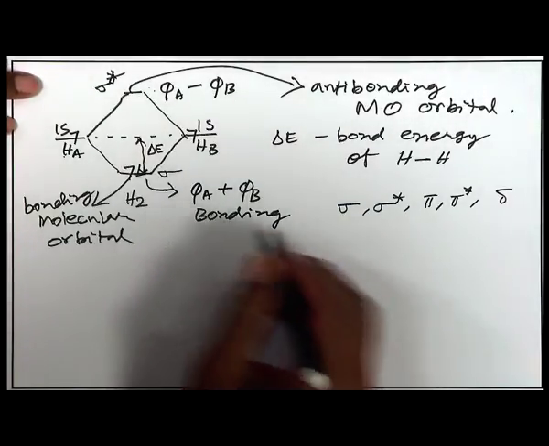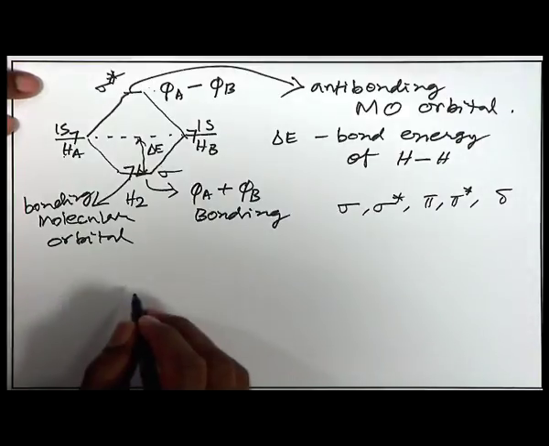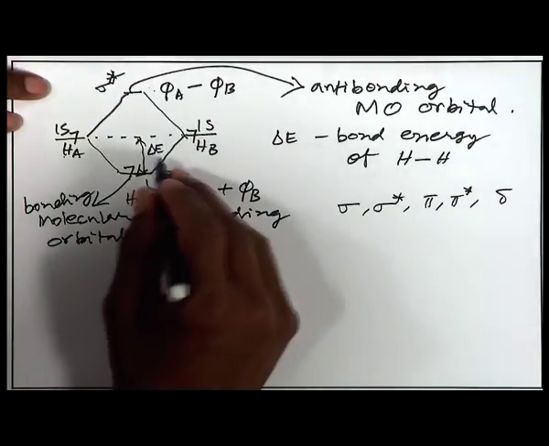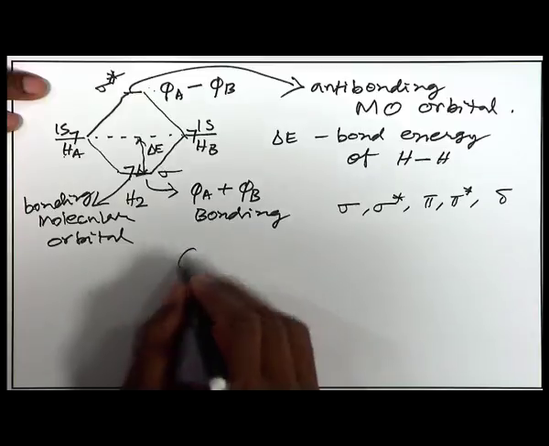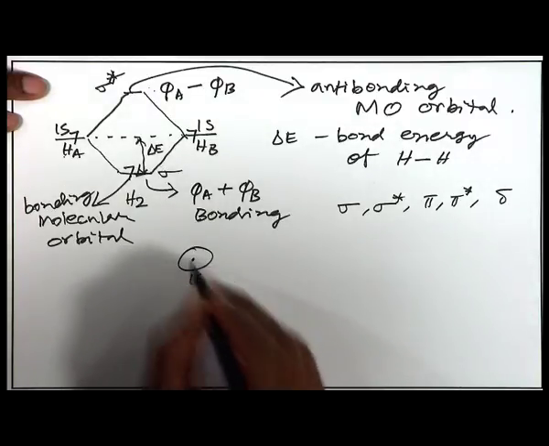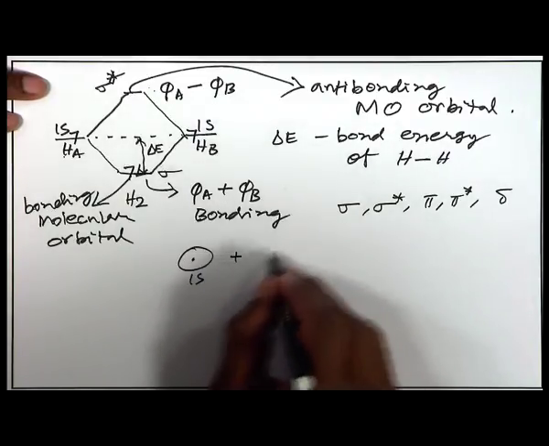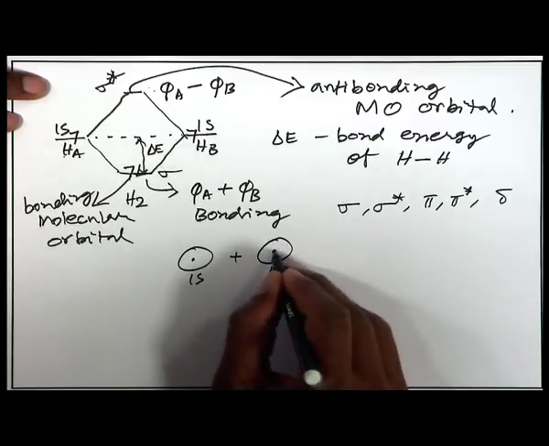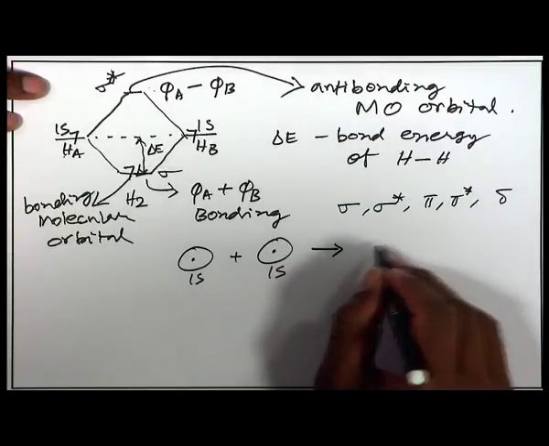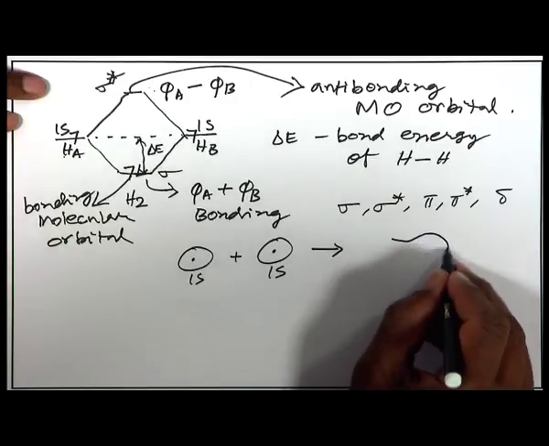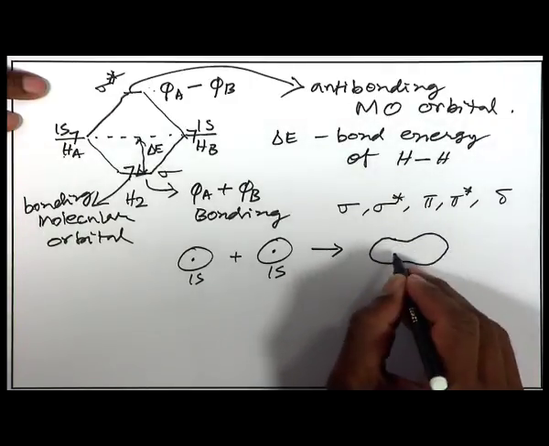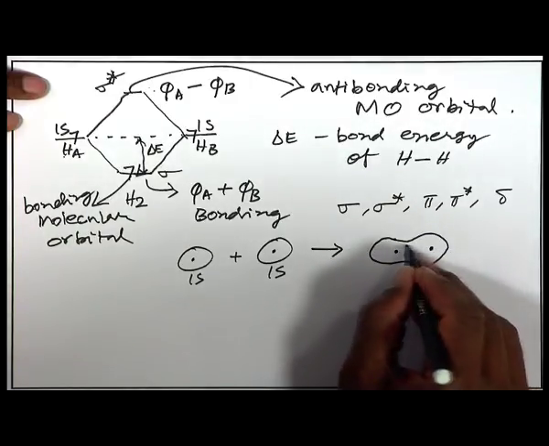Now, for hydrogen atom formation, you have for this diagram the 1s orbital of one hydrogen atom combined with the 1s orbital of another hydrogen atom to give a sigma orbital. This is a nucleus, another nucleus, and it is everywhere positive.